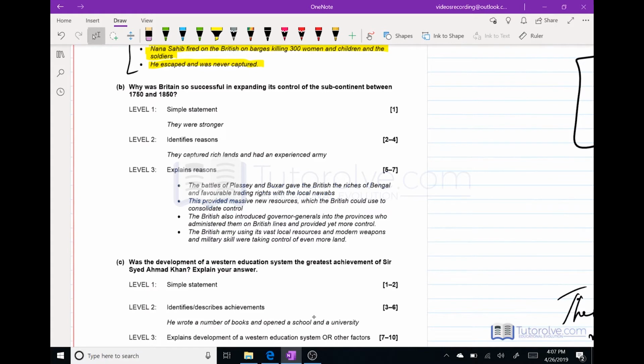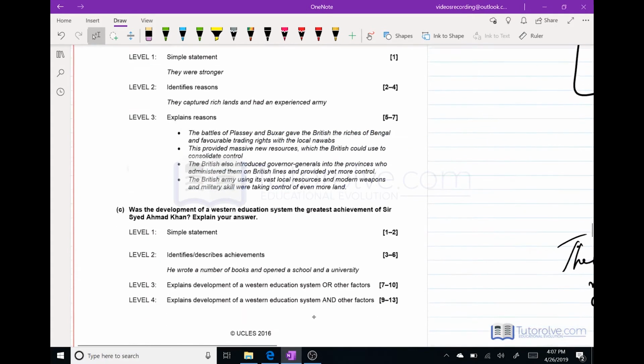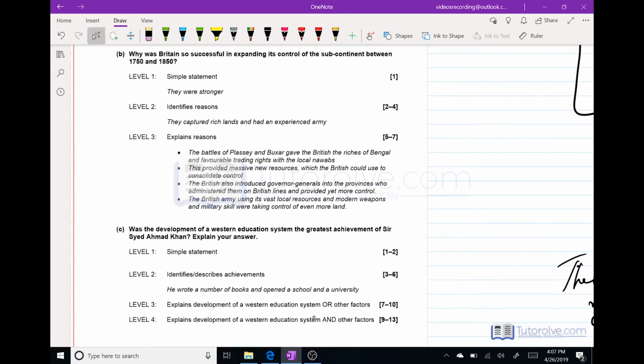So now a 7 mark answer demands a slightly more elaborate explanation rather than going for simpler answers, right? So a level 3 answer, which is basically equal to a 5-7 mark answer, which is considered a good response, is talking about these points that are given here.